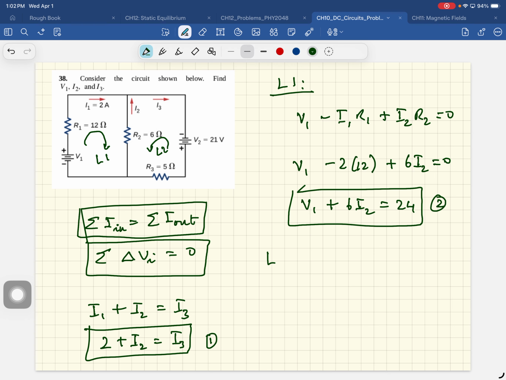All right, loop L3. For this loop, again, it doesn't matter where you start, and we are going to go counterclockwise. So let's start over here. Who wants to do this? Rain, go ahead. Start here. This is the first term we're going to go across.